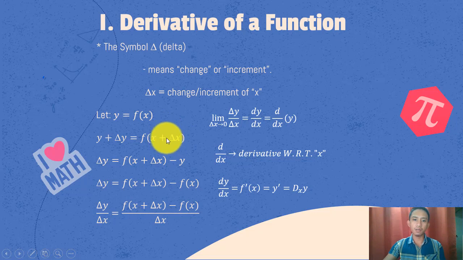Then what will happen with y? Since y depends on the values of x, if I add a change on x, that will create a change in y. So that is delta y, or a change in y.